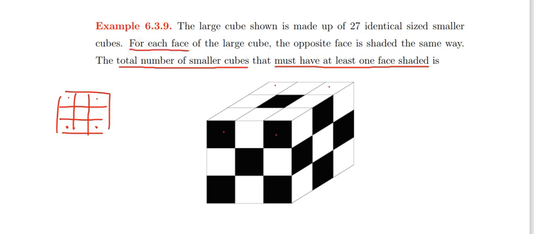So here the question is, for each face of the large cube, the opposite face is shaded the same way. So like this face and that face, the opposite side face, the same. So we have black here, then black here.